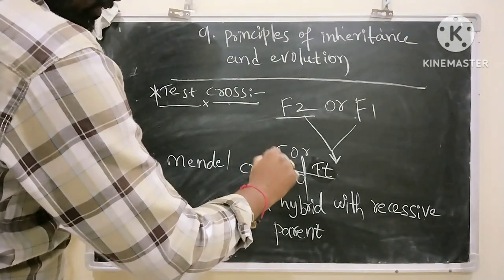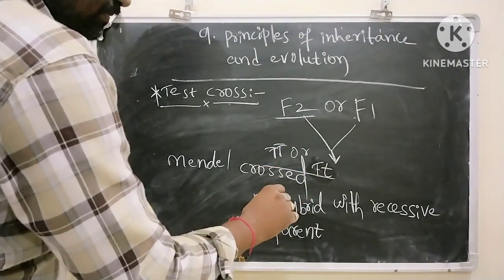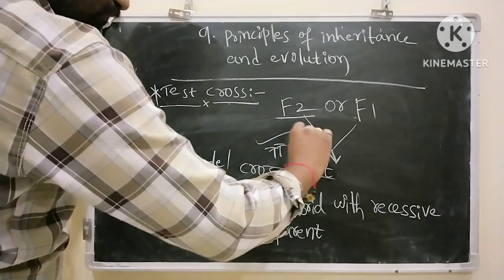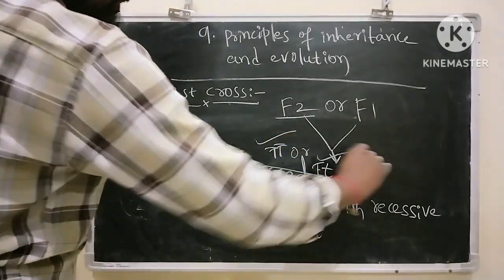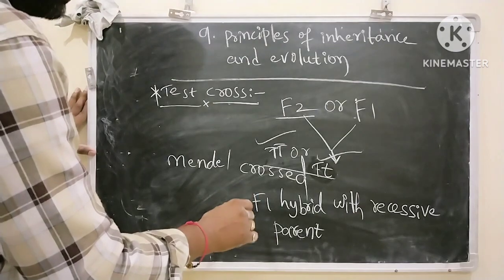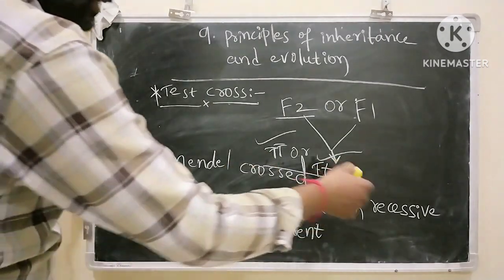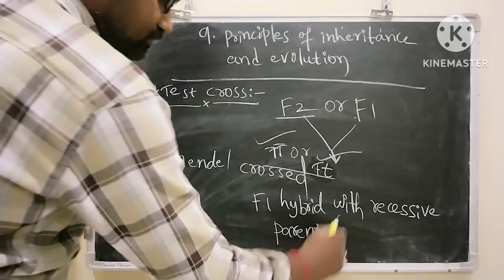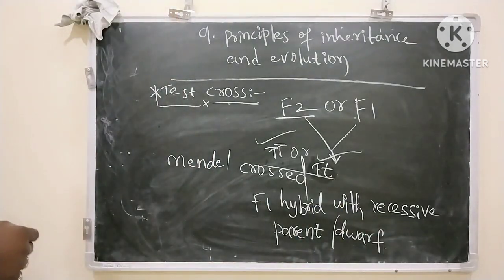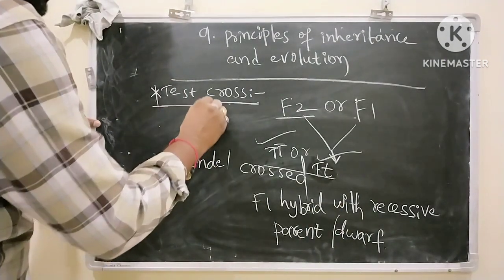Because if the phenotype is tall, we cannot know whether it is tall because of this type of genotype or this type of genotype. That is why Mendel crossed the F1 hybrid with the recessive parent or dwarf, and Mendel called this a test cross.